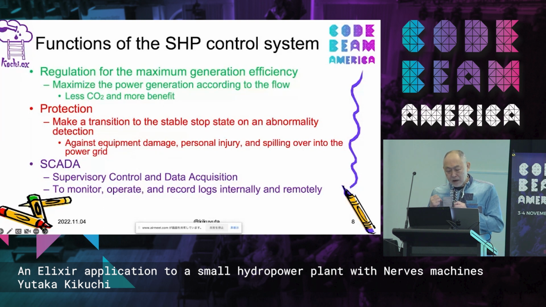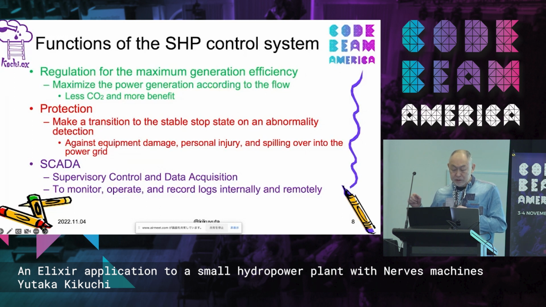The powerhouse must securely shut down when it detects some abnormal conditions. Unless this function, the equipment would be damaged, the operators would be injured, and have a trouble effect into the power grid.